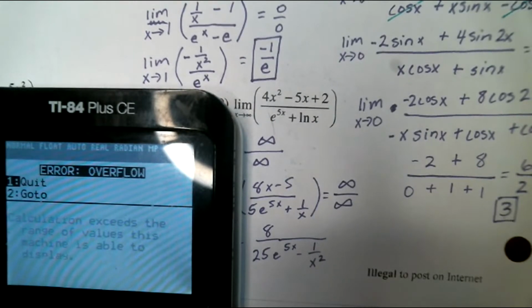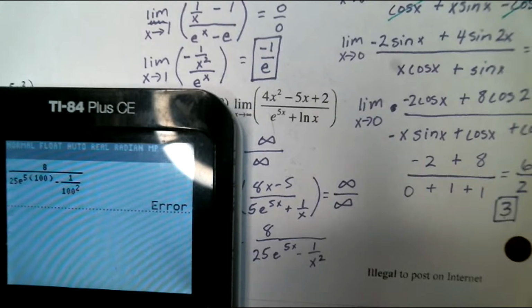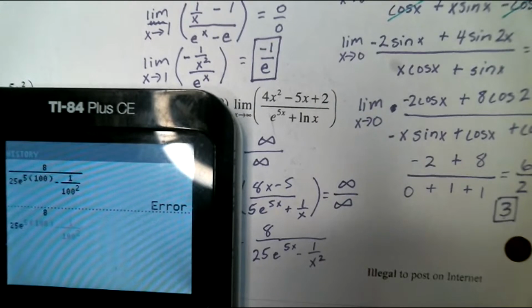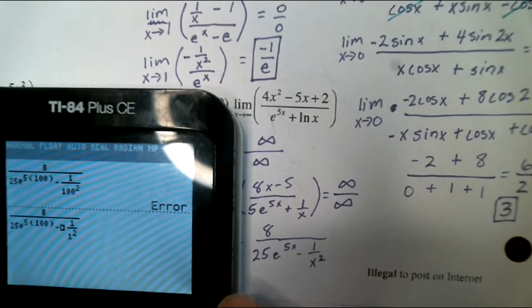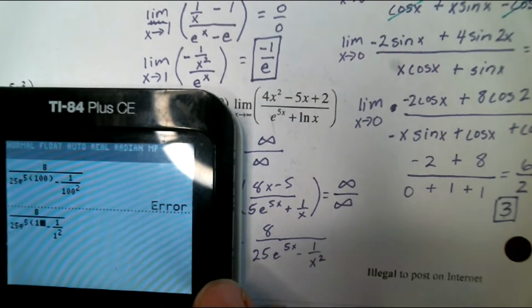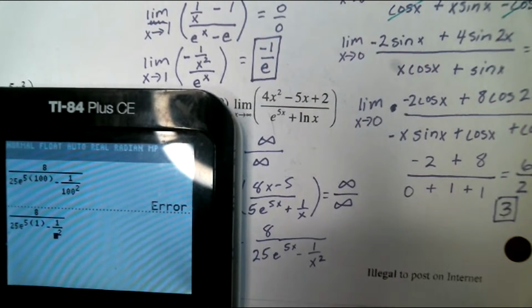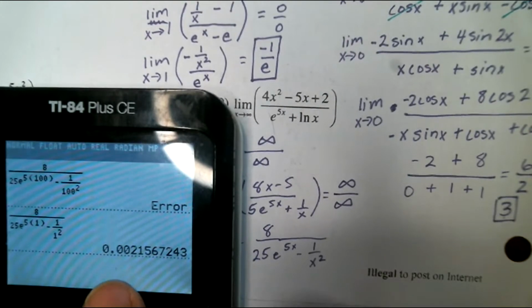Okay, 100 is too big of a number. Sorry. Let me try another one. Let's just try something like 1. That would be going towards infinity. Just trying 1, and that's 0.00.